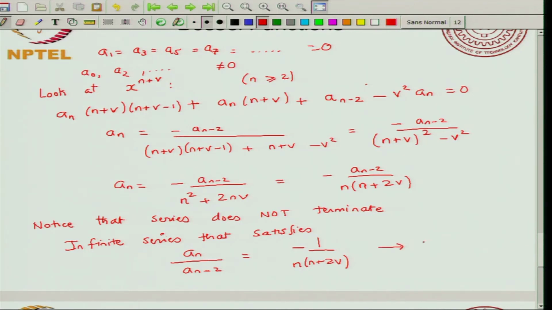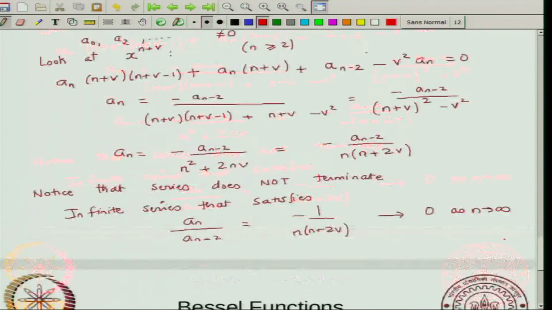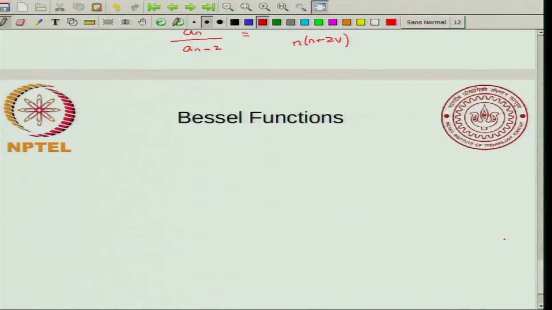This tends to 0 as n tends to infinity. That means as n tends to infinity, the ratio of a_n to a_{n-2} will go to 0. That means the series is convergent.